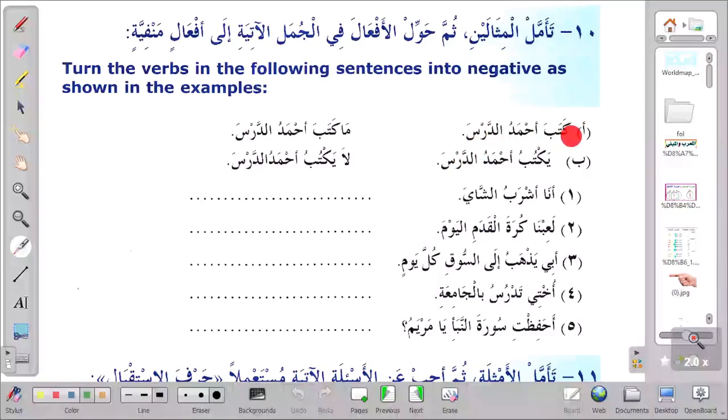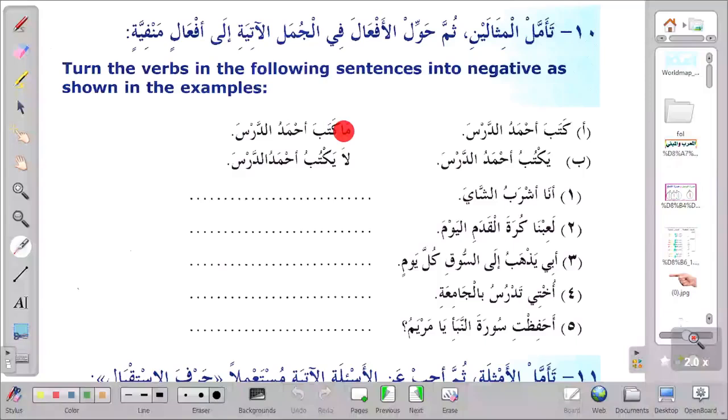This is something that is past, madi. So for example, Kataba Ahmad ad-darsa, Ahmad wrote. That is something that occurred. Bima'na is past. Now yaktubu Ahmad ad-darsa, Ahmad is writing. It is something that is occurring right now, right? So if you observe, when they are going to negate these 2 examples, this is madi and this is mudari, they use different adawat. They use different tools.